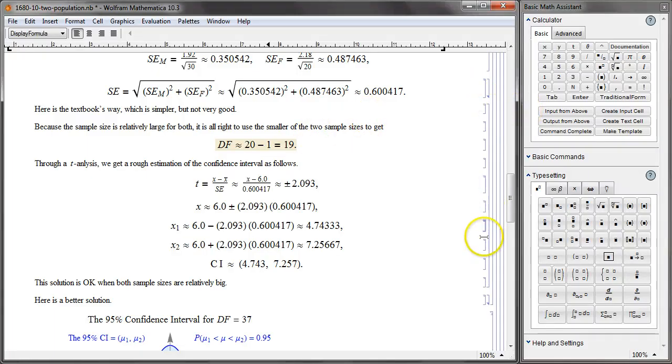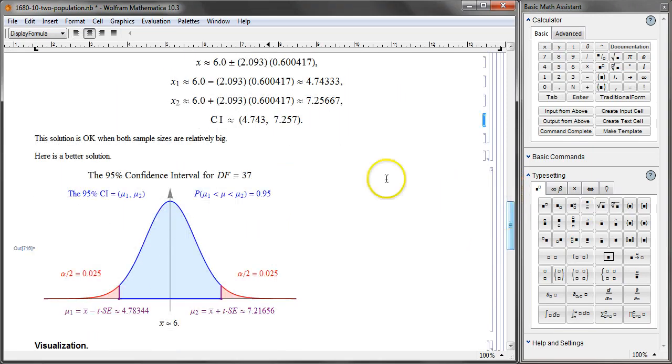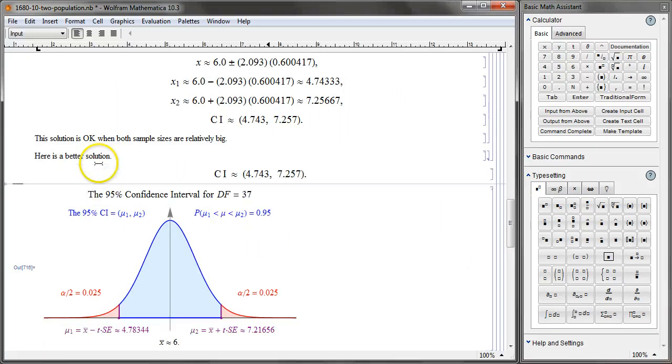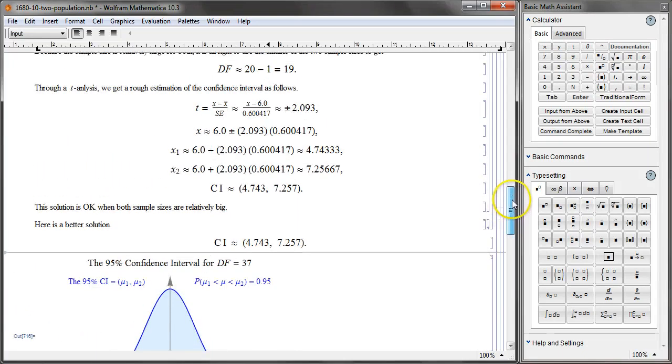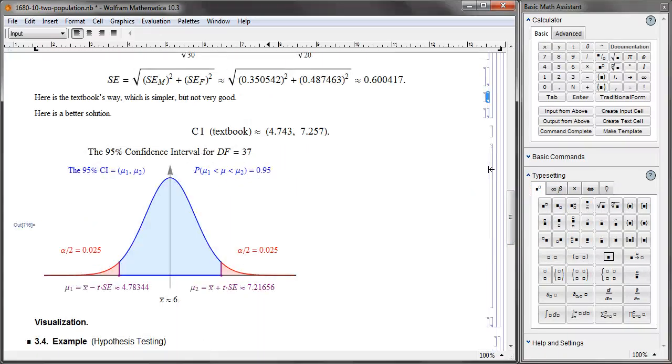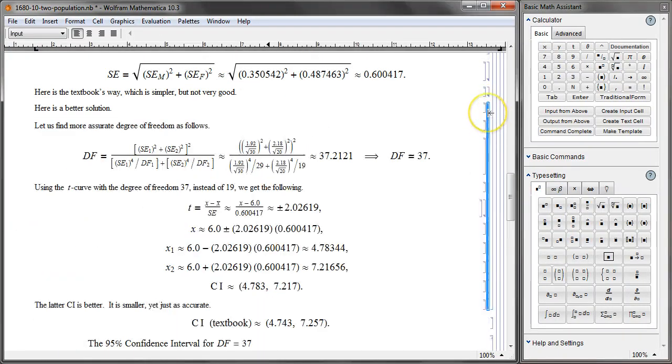Here's a better solution, but let's copy and paste this thing down here. Okay, that's for the textbook method. And here's the better solution.